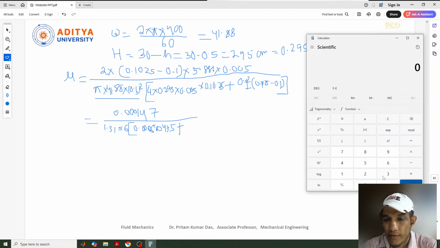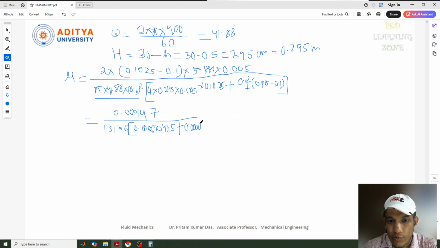Let's write 0.1 into 0.1 and multiply, again bracket start, 0.1025 minus 0.1 and bracket close.